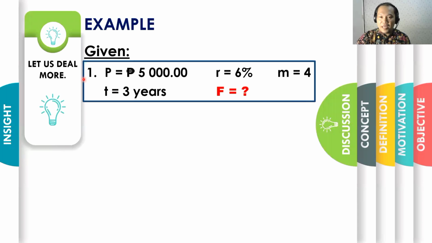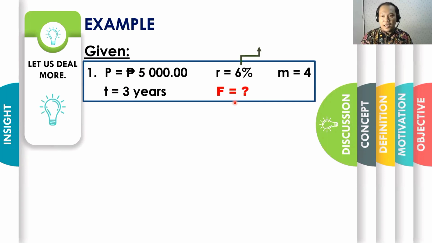I repeat, the given are 5,000 pesos as principal, the nominal rate is 6%, compounded quarterly, and our time is 3 years. Therefore, how much will be the maturity value after 3 years?